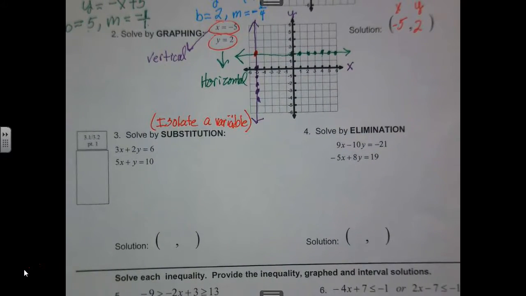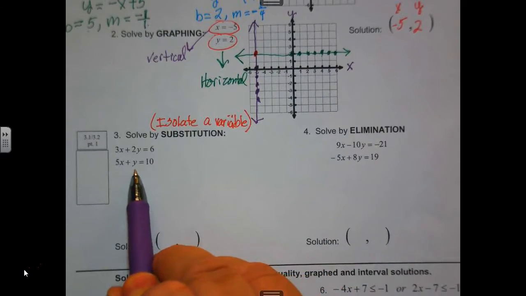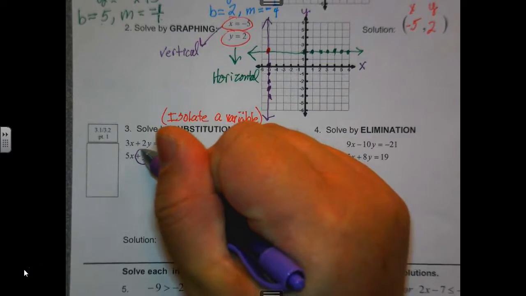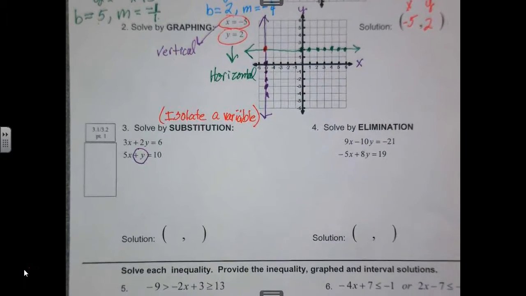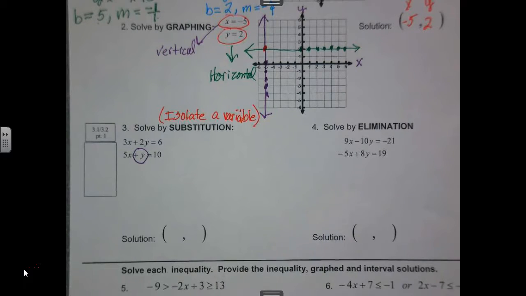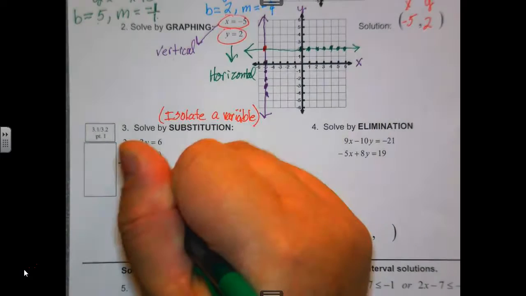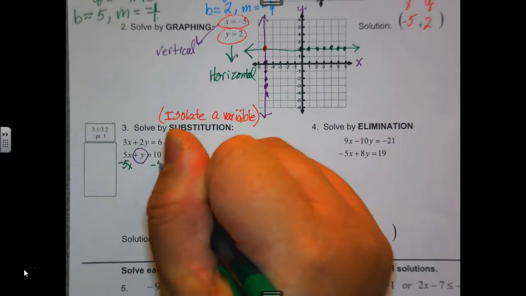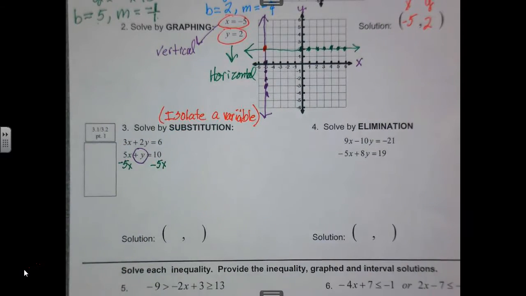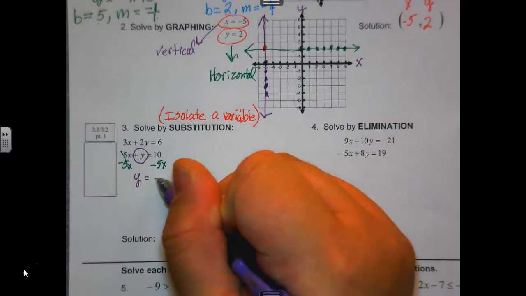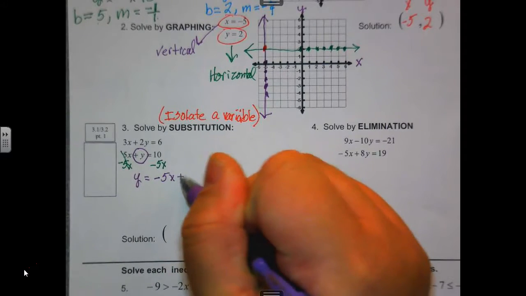Okay, so for this one, I'm going to choose to isolate this variable. Why? Yes, because it has a coefficient of 1. Okay, so I'm going to subtract 5x from both sides. Got it? So I have y equals -5x plus 10.